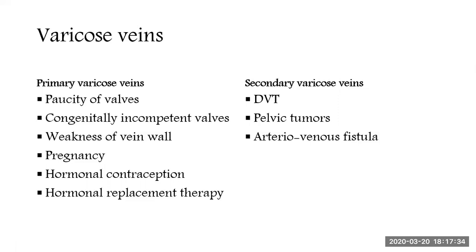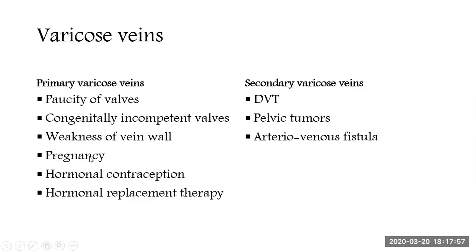This leads to weakness of the vein wall, which cannot withstand the normal pressure inside the vein, so the vein dilates under the normal pressure inside it, and varicose veins result.